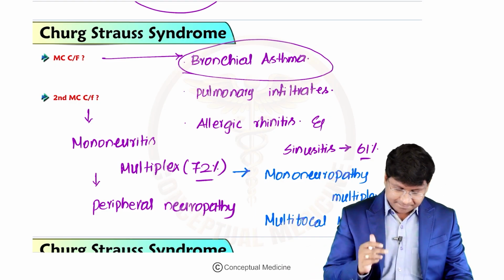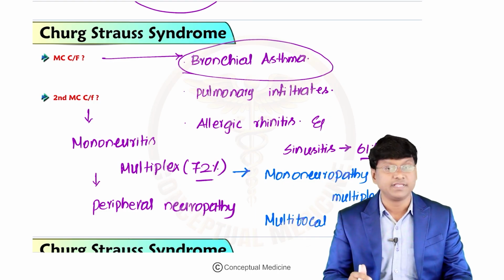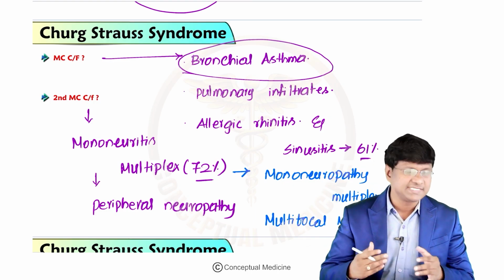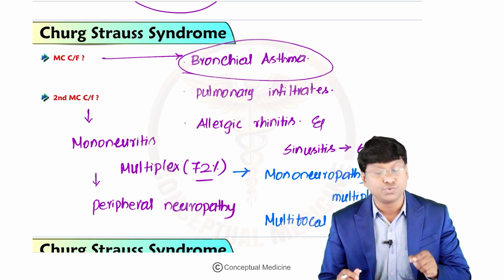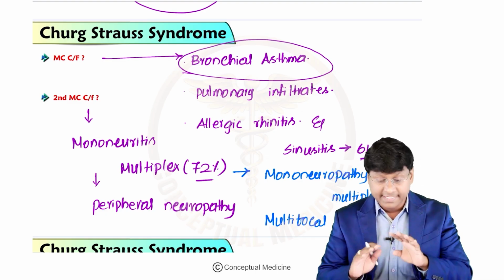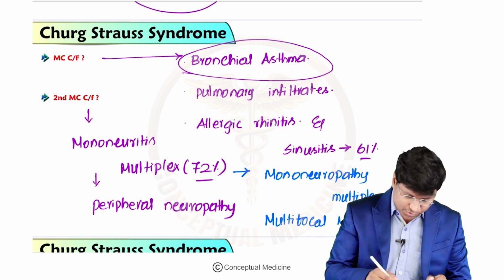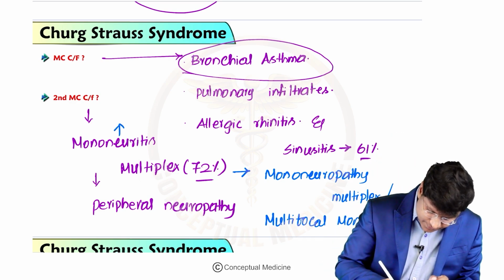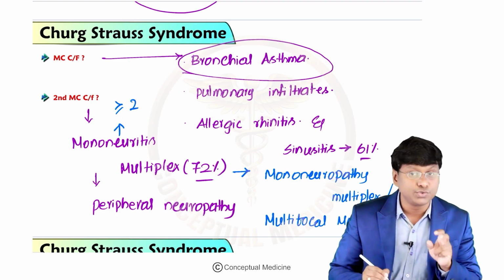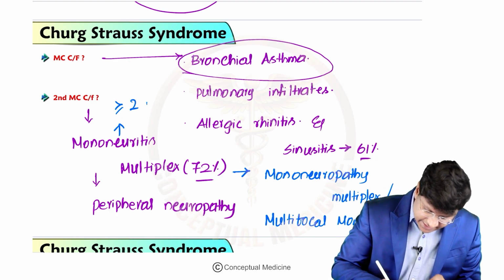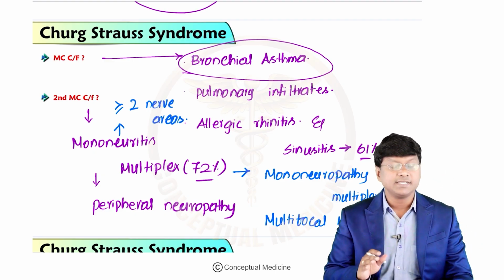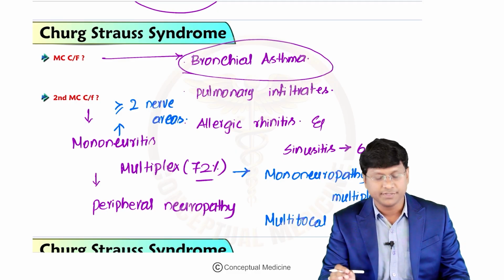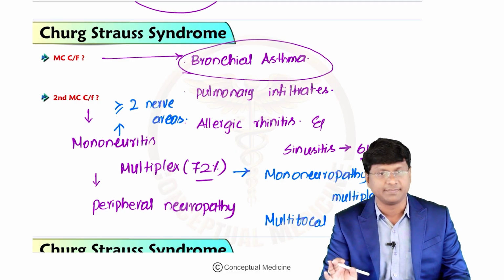So what exactly happens in mononeuritis multiplex? There is damage to two or more different nerve areas, that is, damage to at least two different nerve areas. That is the second most common clinical feature, your mononeuritis multiplex.